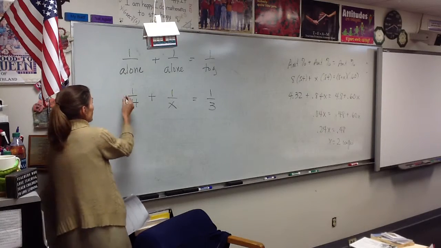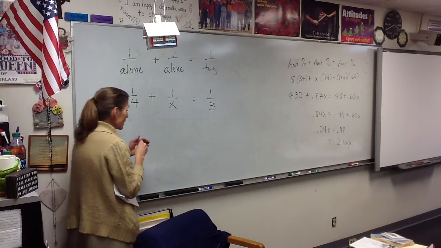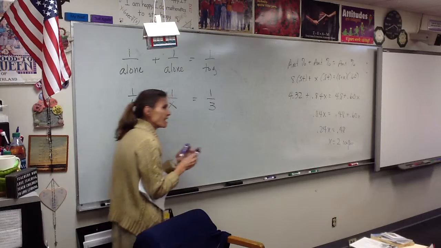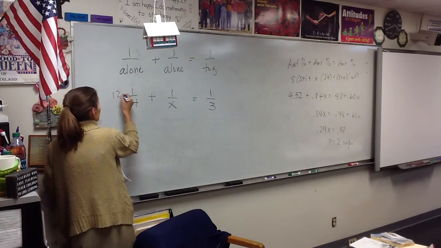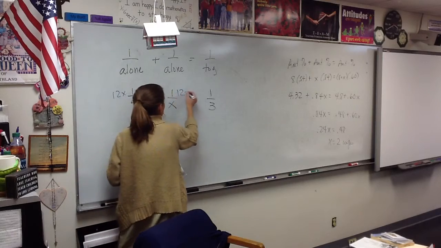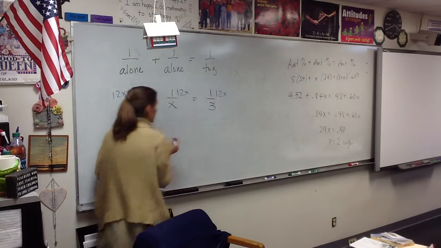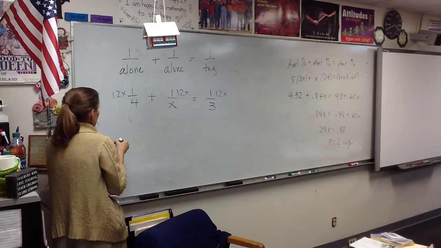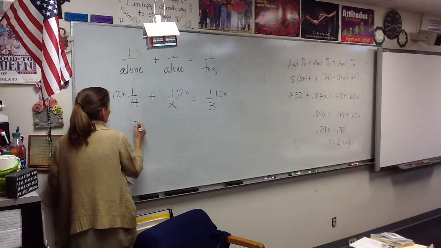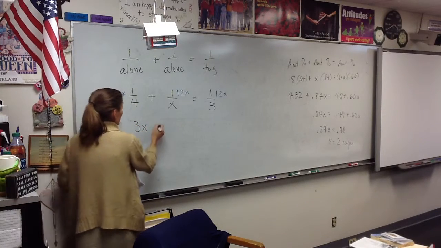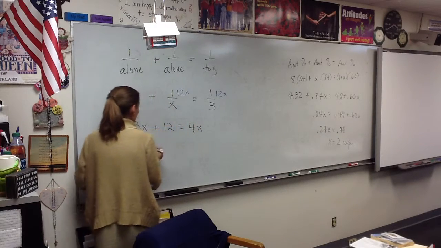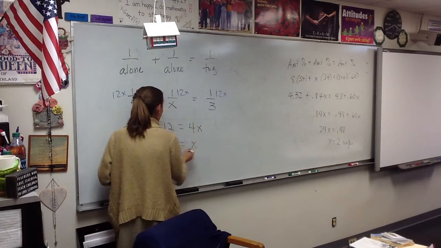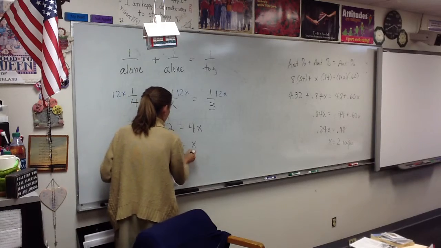So I'm going to multiply everything. What could I multiply everything by just to not have any more fractions? 12x. So that would leave me with 3x plus 12 equals 4x. So actually, Moses, 12 hours is the answer.